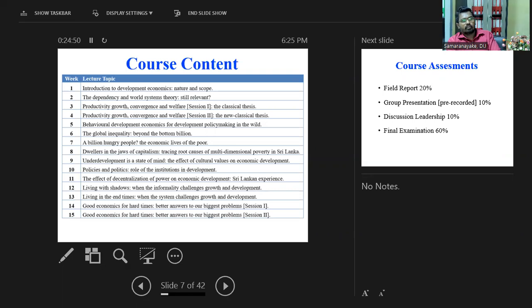And then the next topic, a billion hungry people. It says the economic lives of the poor, which I extracted from one of the very good books. Even in your list, you can see Poor Economics, because this was a book written by Banerjee and Duflo, who won the Nobel for Economics in 2019 for their contribution to the behavioral development approach.